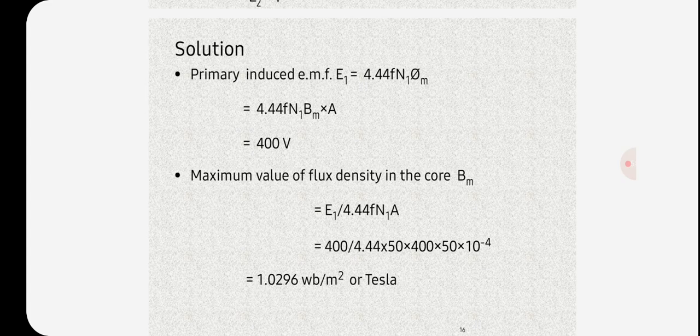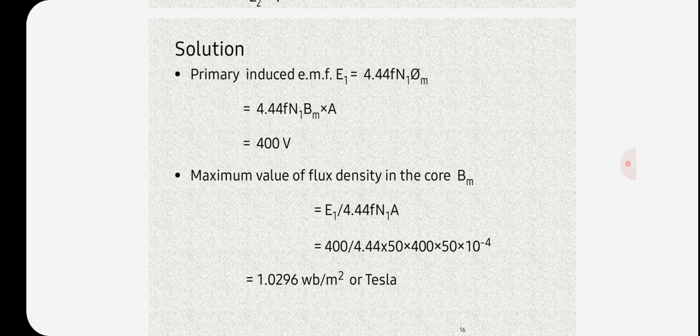E1 is equal to 400. So maximum flux density in the core is equal to E1 by 4.44 F N1 into A.